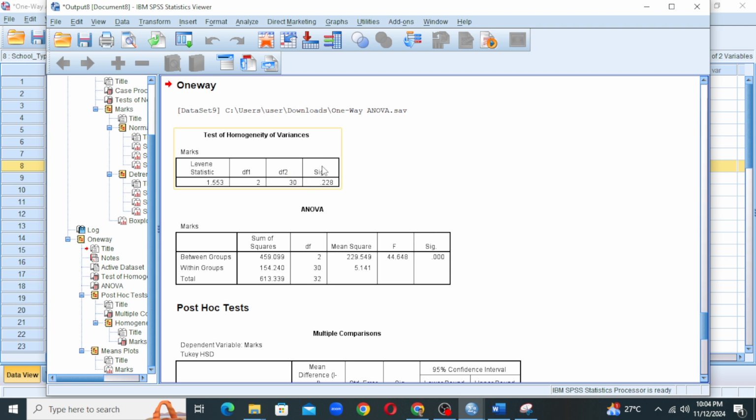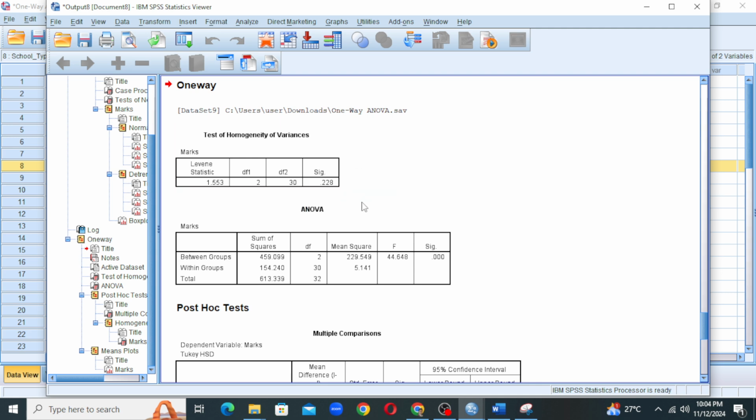Here it implies that homogeneity of variance is being satisfied as the significance value is more than 0.05 and this is not significant, so implying homogeneity.